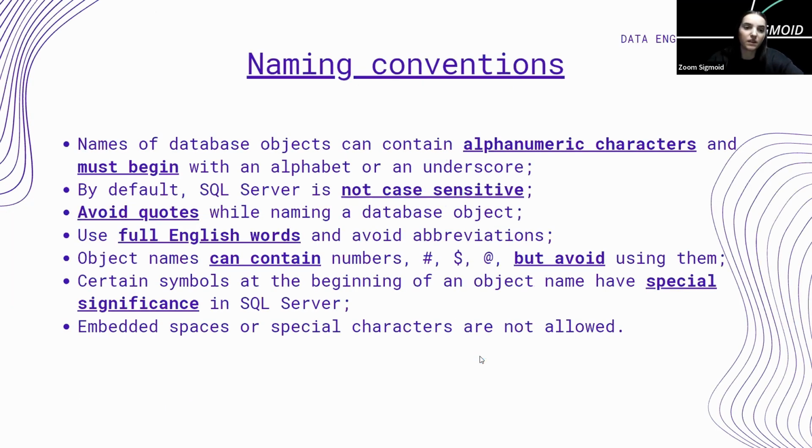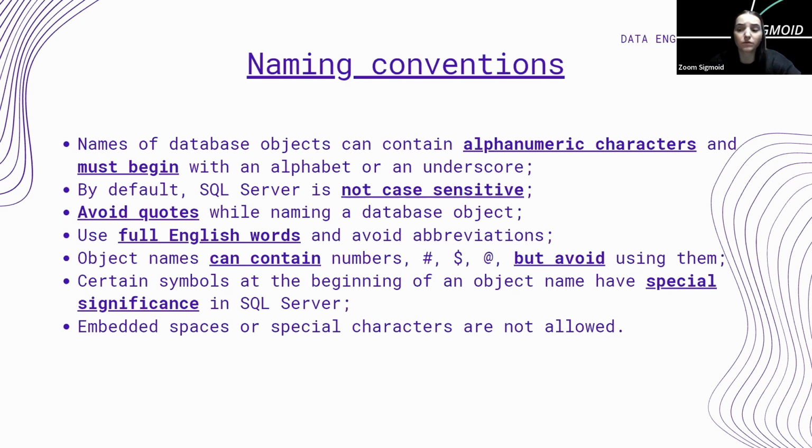As you can see, names of database objects can contain alphanumeric characters and must begin with an alphabet or an underscore. SQL Server defines a set of rules for naming SQL Server objects called naming conventions, but also gives the user the freedom to follow our preferred style.